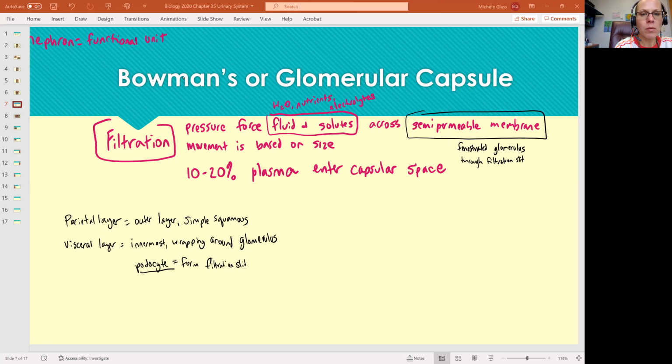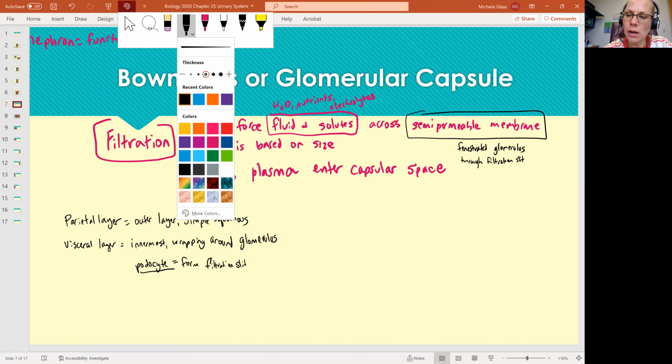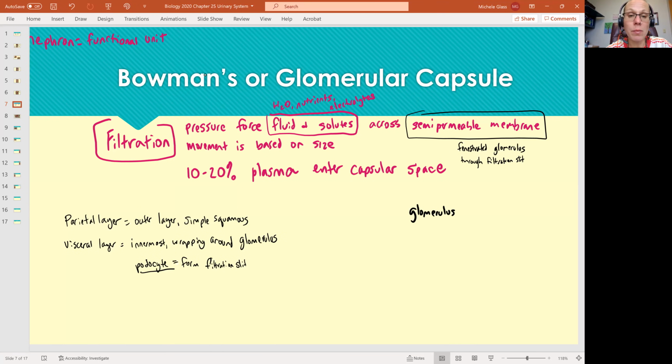When we talk about both the glomerulus, which is the capillary bed, and let's go ahead and call it Bowman's capsule, we'll talk about all of this as being the renal corpuscle.